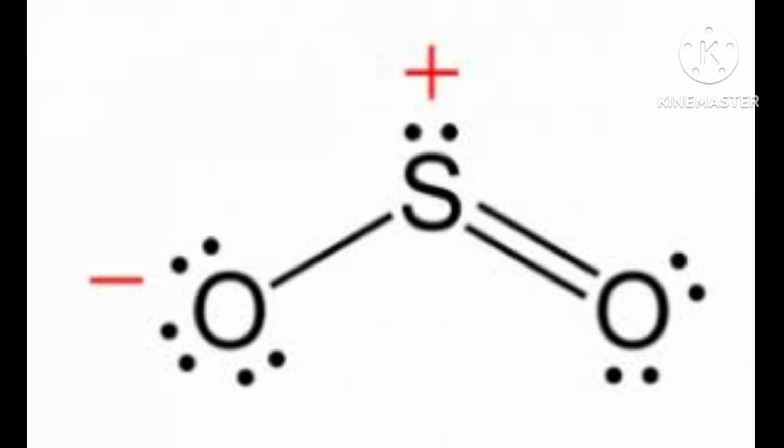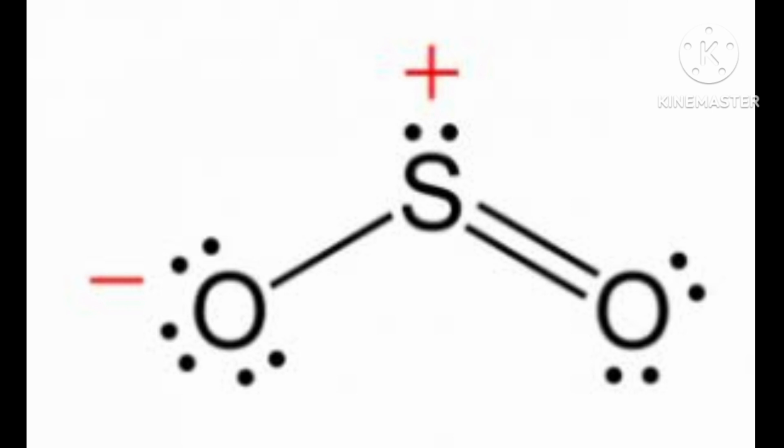SO2 is a gas. In laboratory, it is readily generated by treating sulfite with dilute sulfuric acid. Sulfite means SO3 2 minus, just like H2SO3.